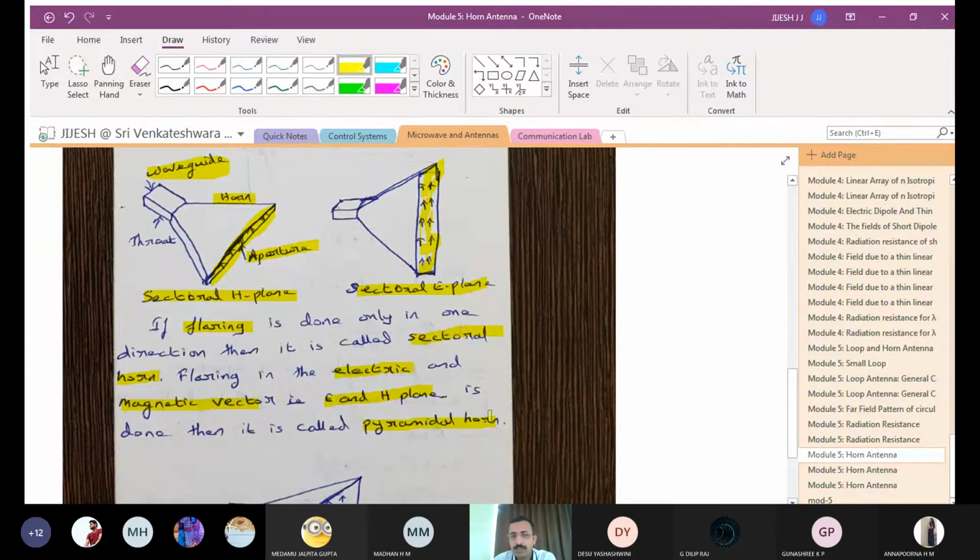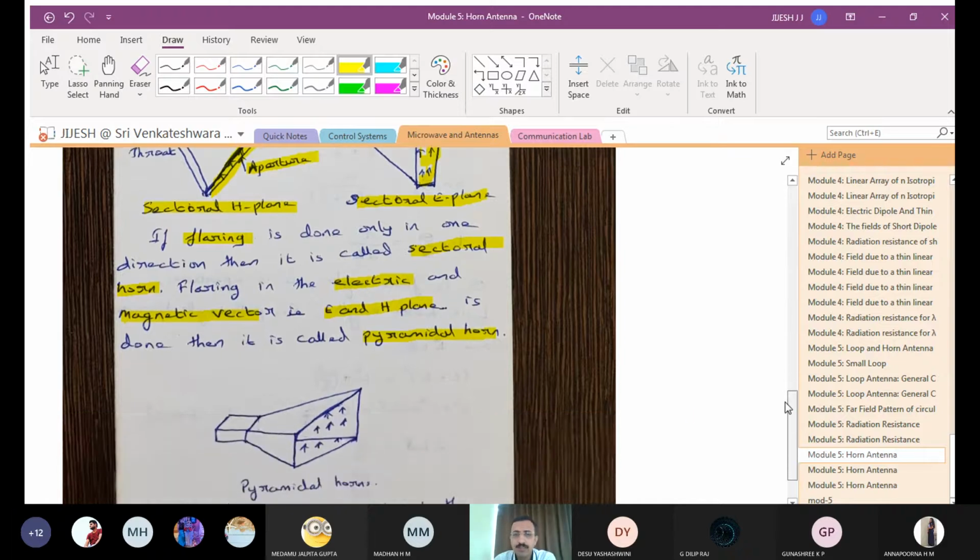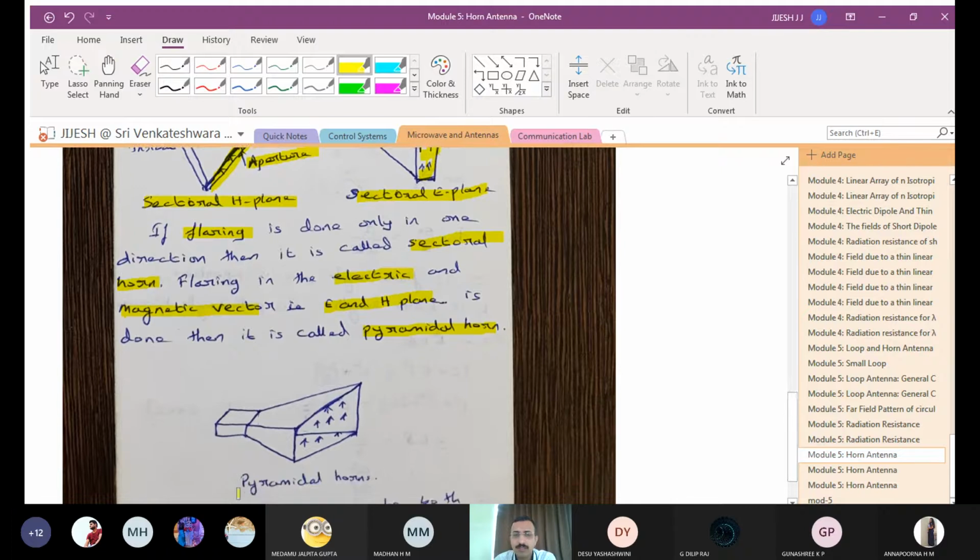So you can see different types of horn antennas are available. You have the circular horn antenna, pyramidal horn antenna, sectoral H-plane horn antenna, E-plane horn antenna. So all those things are there. This is the diagram for the pyramidal horn antenna, where you can see that the electric fields and magnetic fields are being transmitted as per the requirement.